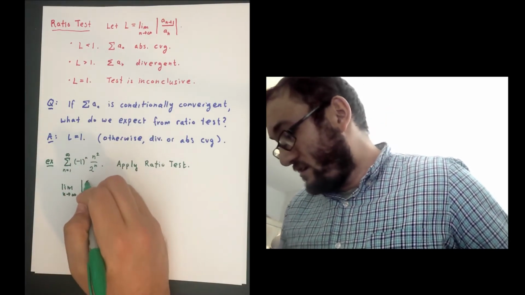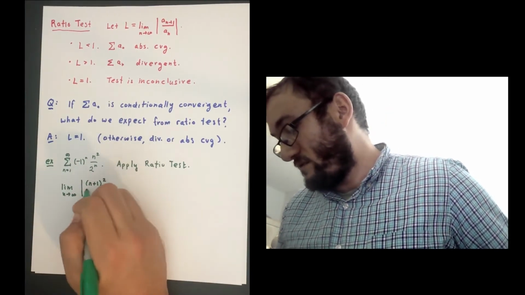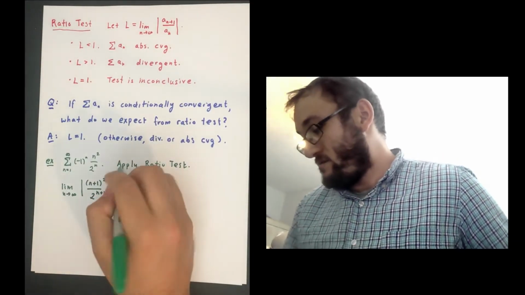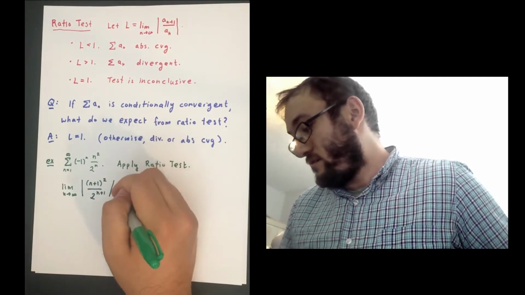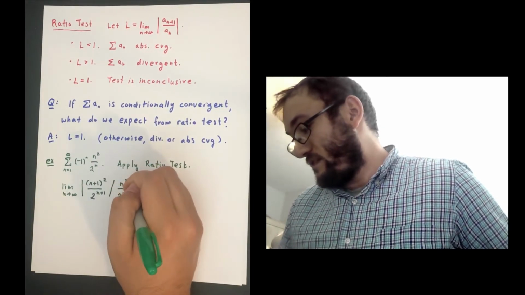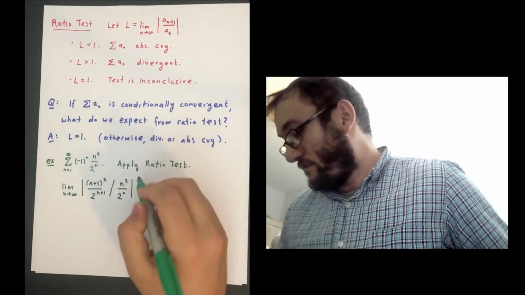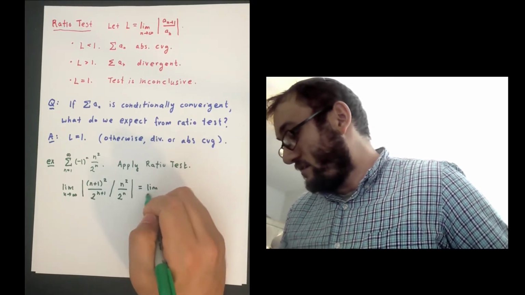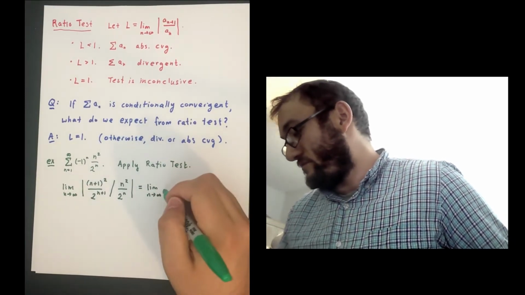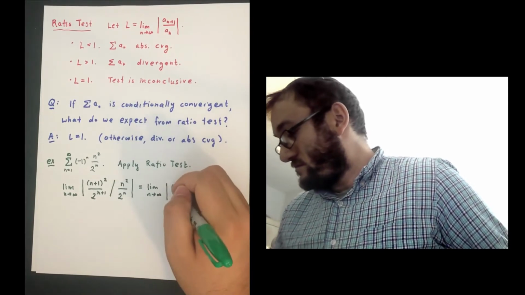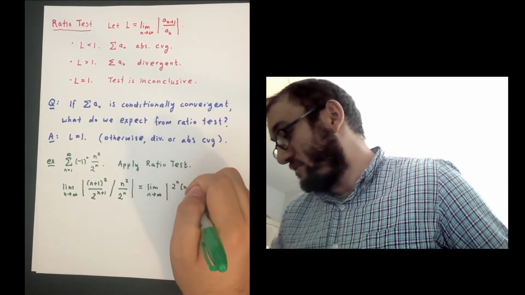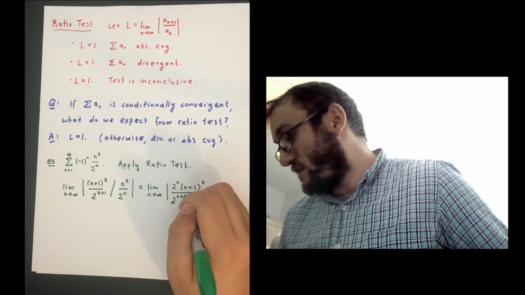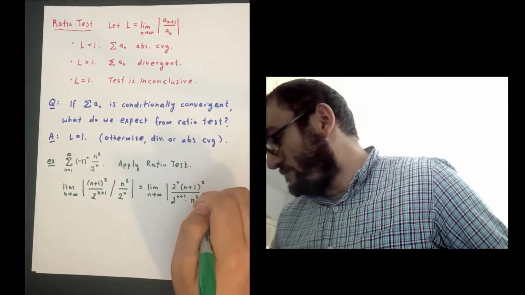So I'll just take (n+1) squared over 2^(n+1), divided by n squared over 2^n. Okay, so reciprocating and multiplying, I get the limit as n goes to infinity of 2^n times (n+1) squared divided by 2^(n+1) times n squared.